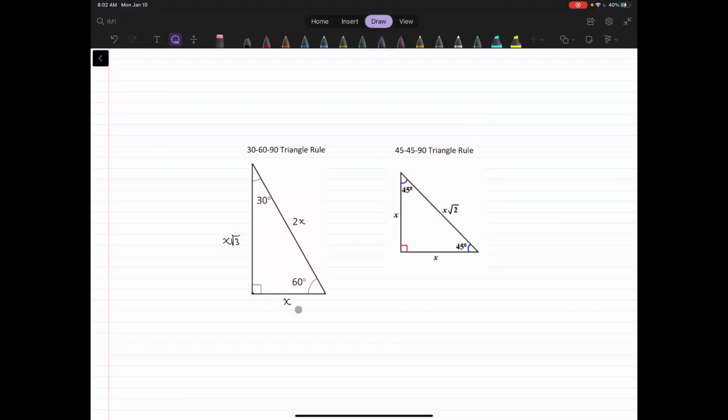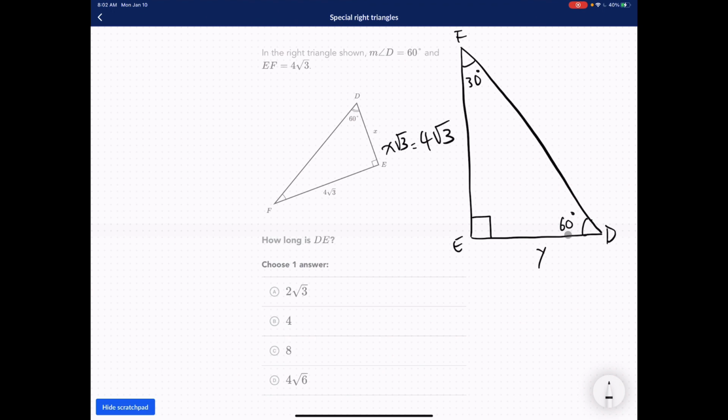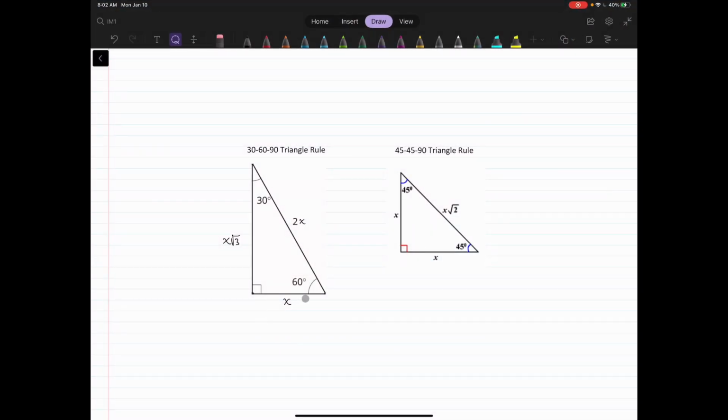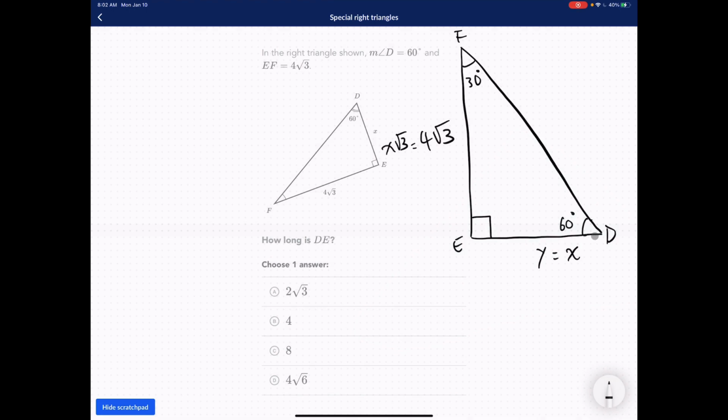Because this length across from the 30 degrees is y, so this is going to have to be x as well. So we're going to solve for x here.